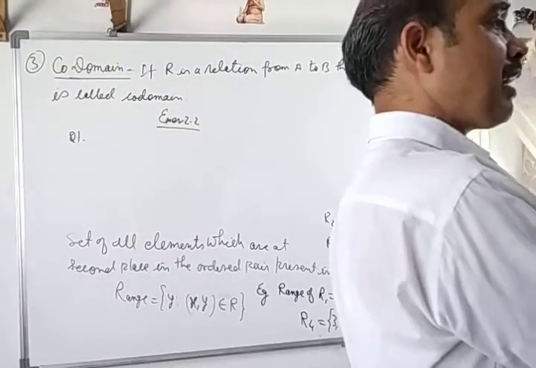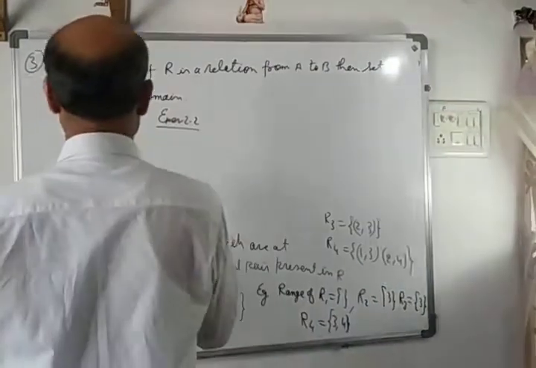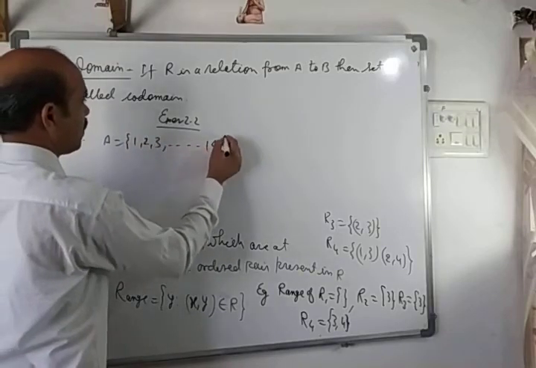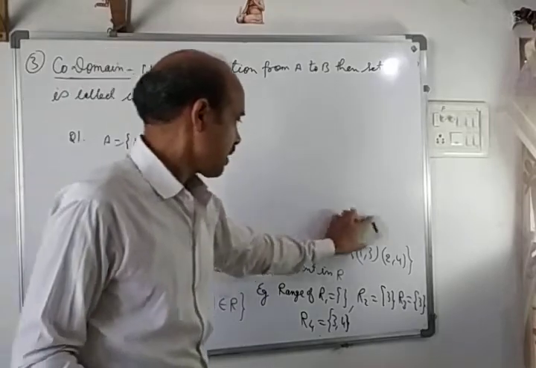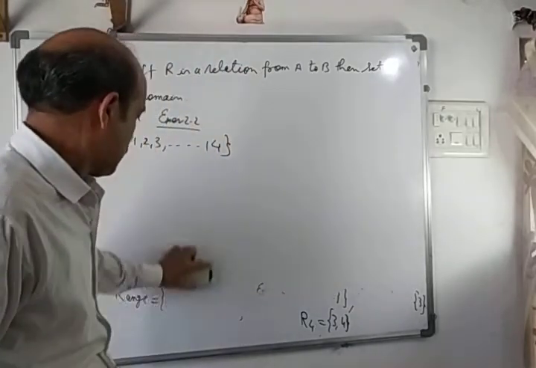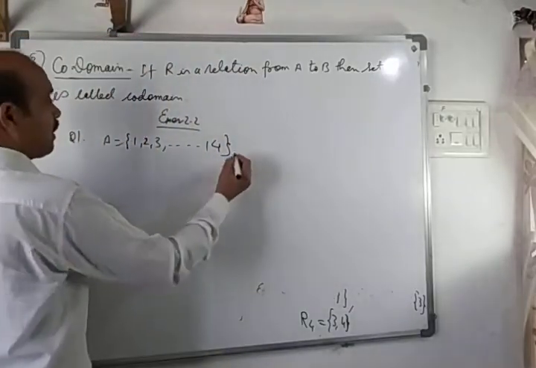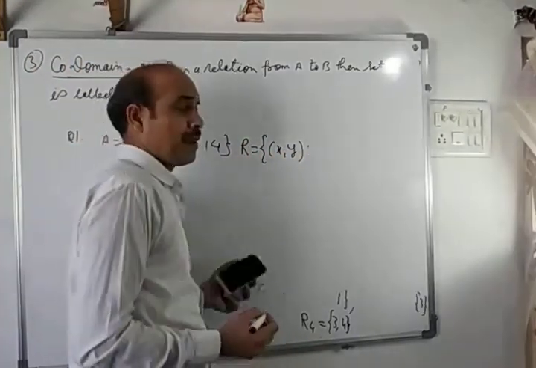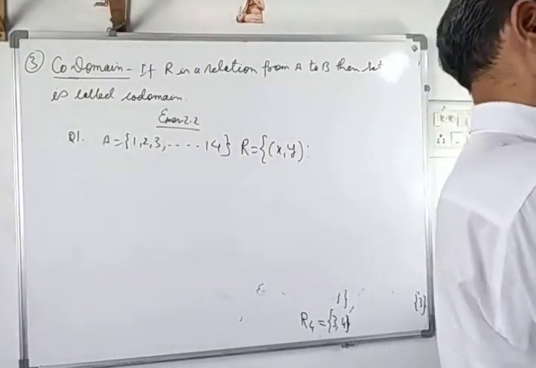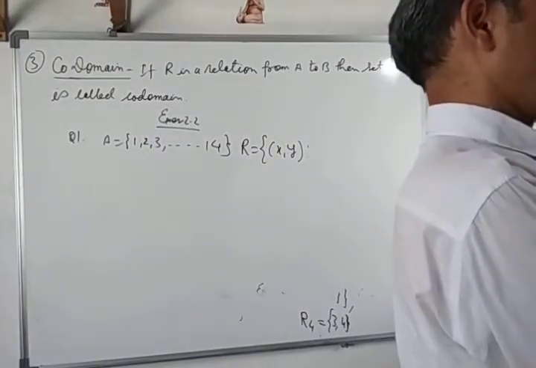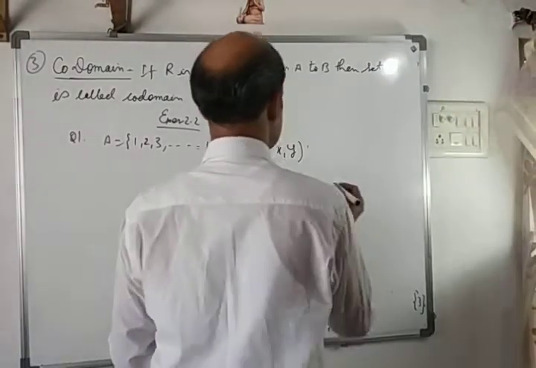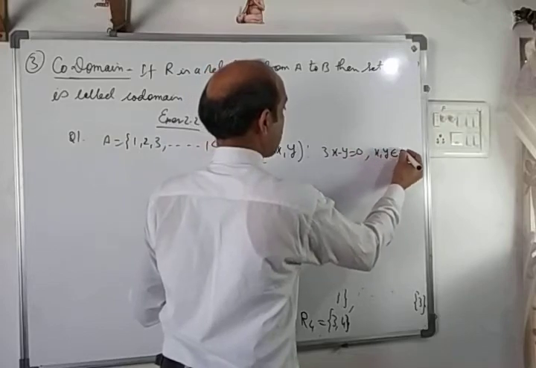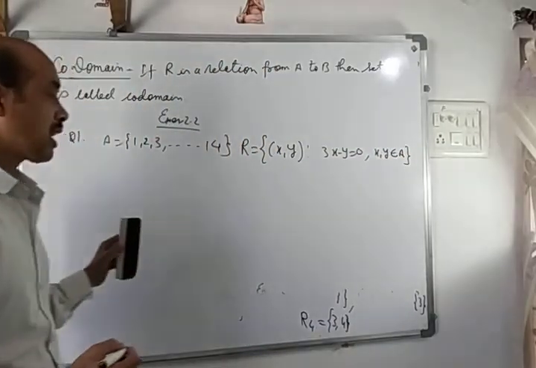They have given a set A that is 1 to 14, and a relation is given: the set of (x, y), where x and y both belong to A, and 3x minus y equals 0. 3x minus y is 0 and x and y both belong to the set A. This is a relation.